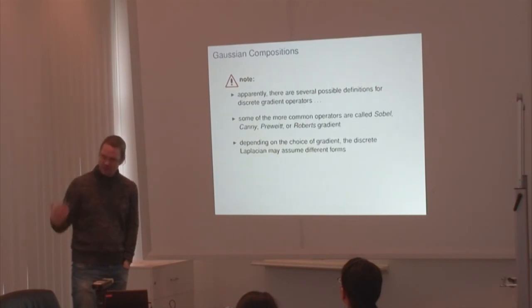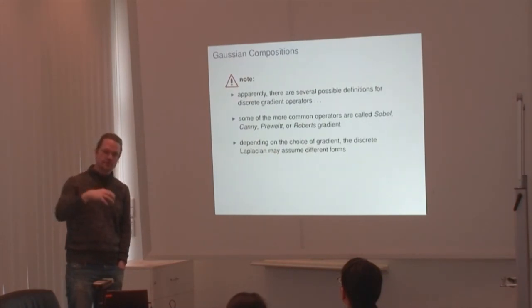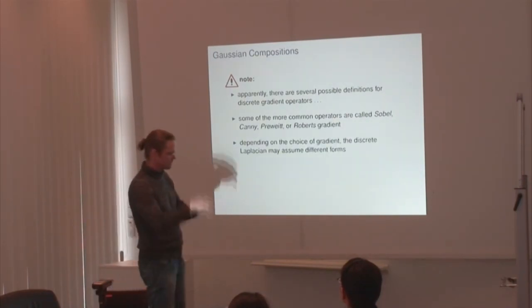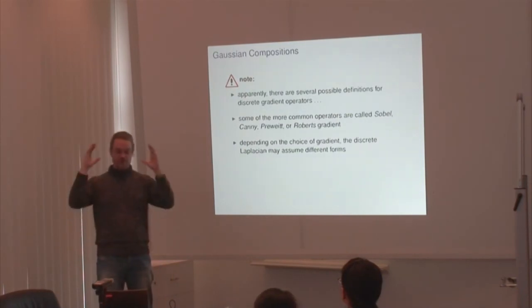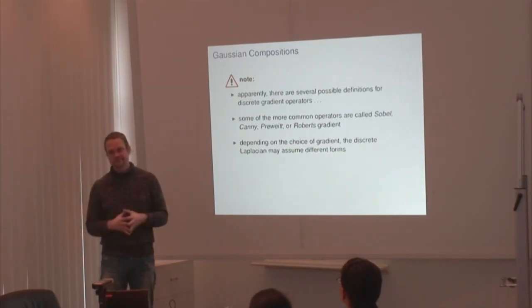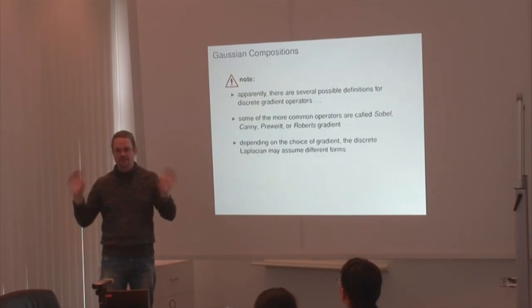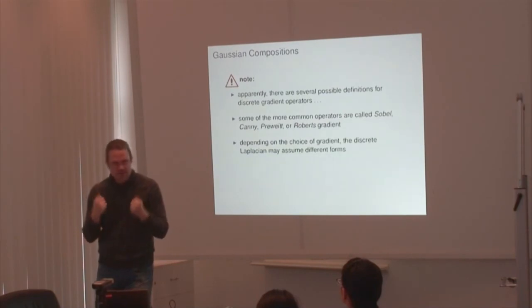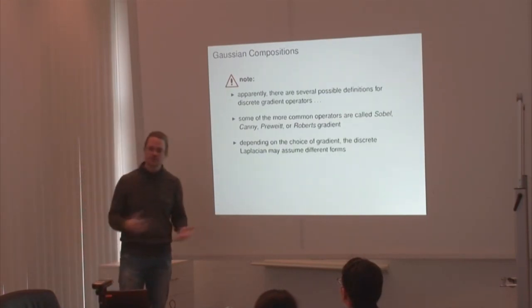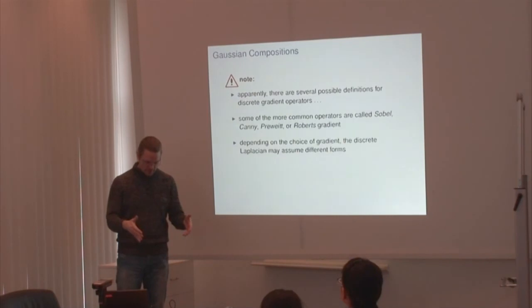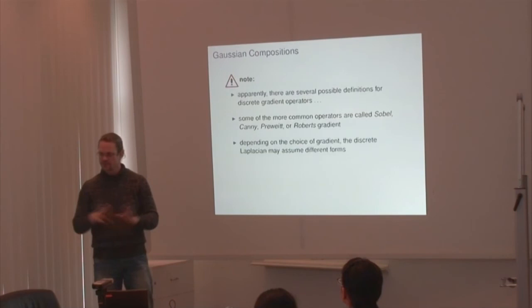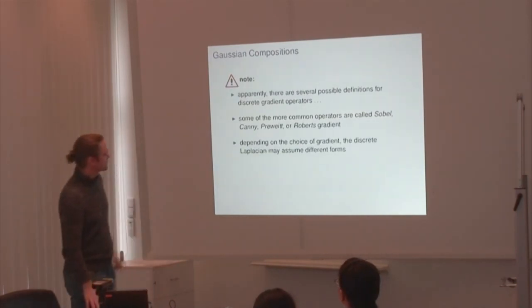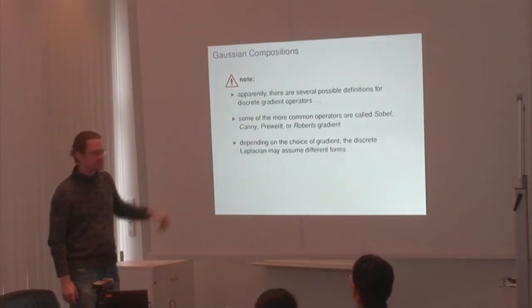Don't be alarmed if you read something in a textbook or in the literature, and it says we compute a derivative this way, and you've never seen this before. It may happen, because it really does not matter as long as it is consistent. You look at it, they claim it's a derivative, you think about it, yeah, it makes sense, then it's okay. If it doesn't make sense, it's not, but usually it makes sense. So there are many, many ways of how these things can be done.